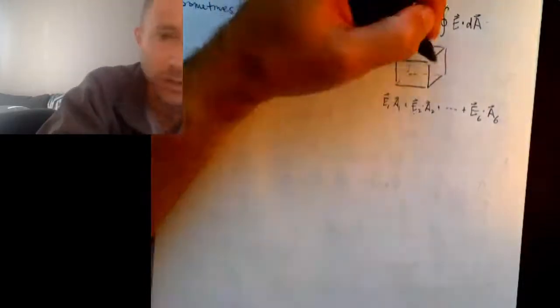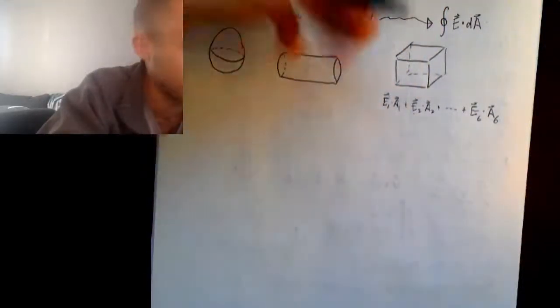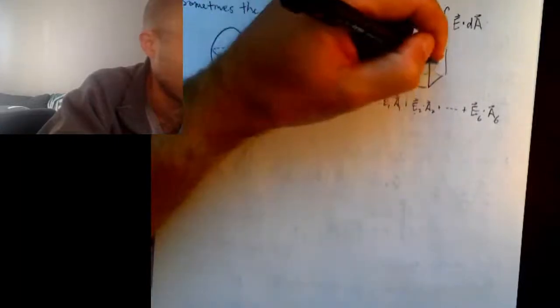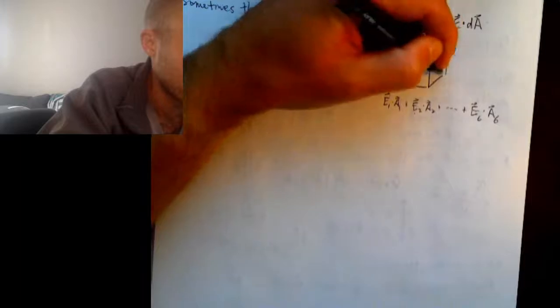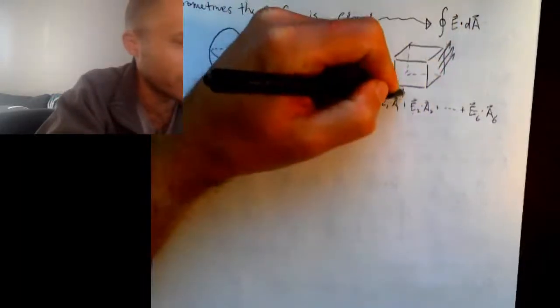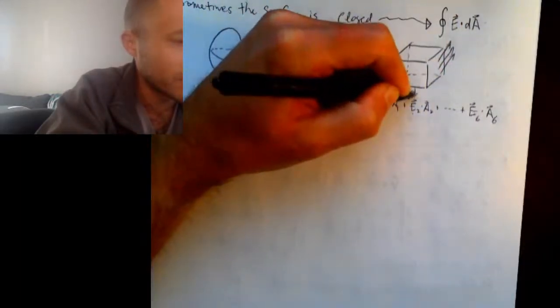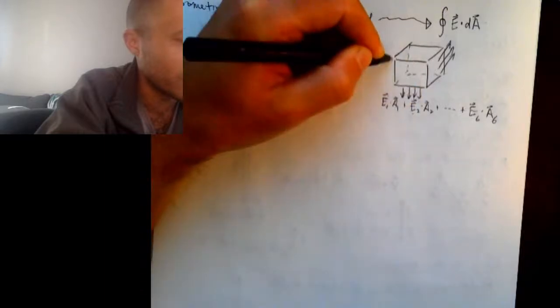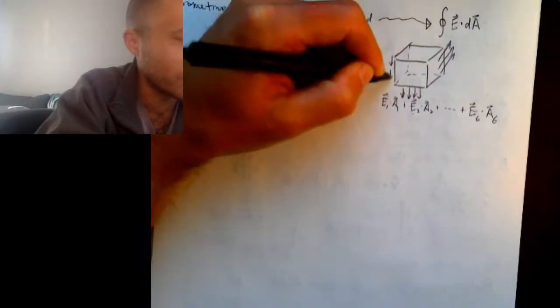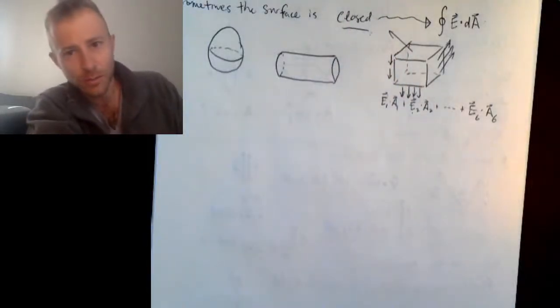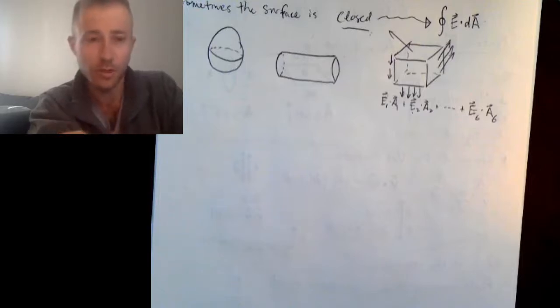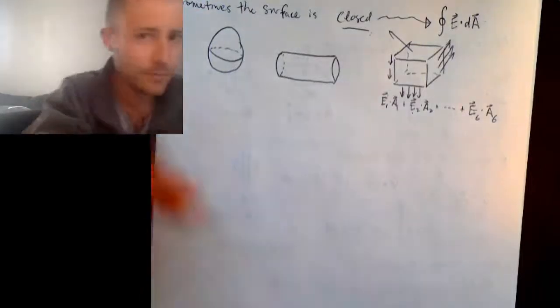Because the electric field doesn't have to point in the same direction on each face. For face 1 here, it points in this direction, and then for face 2, it points straight down, and then maybe for face 3 it points straight down, but maybe for face 4 it points this way. So you can have different electric fields on each of your faces that point in different directions and have a different size.